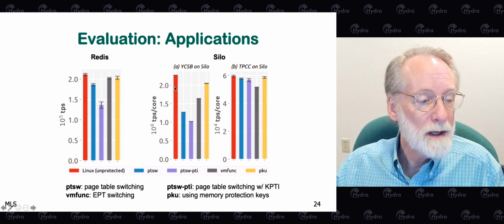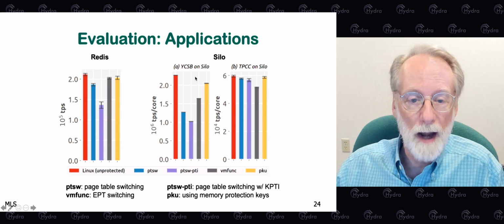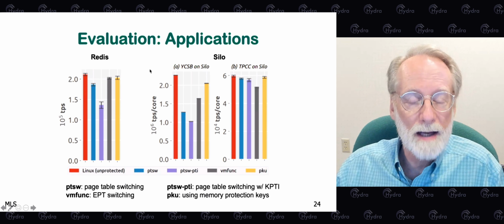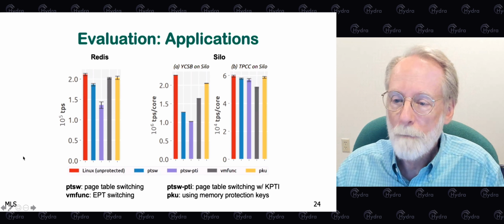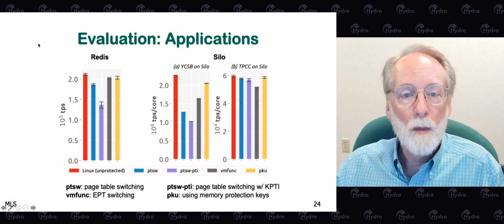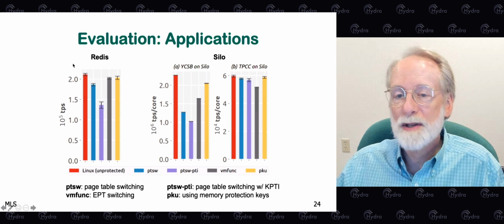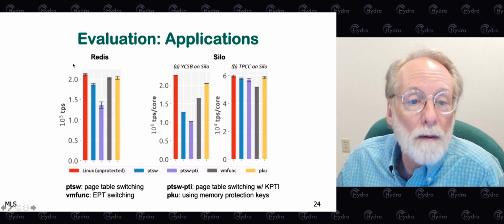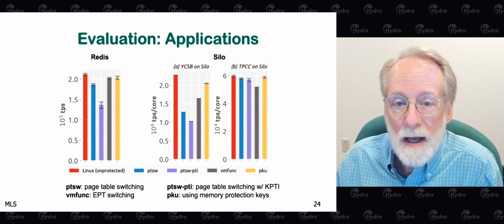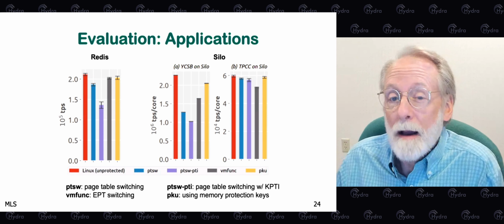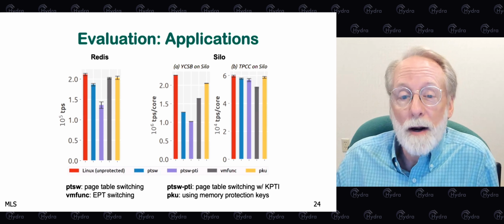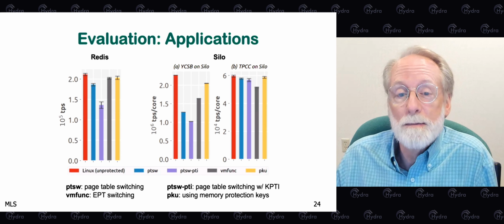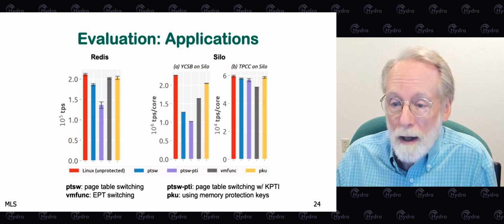With Silo, the differences are even more pronounced, where we're doing shared memory access rather than network I/O. On YCSB, Silo reaches more than 2 million transactions per second per core, well over that in the unprotected case, which is really a very high I/O rate. If you think about it, over 2 million transactions per second per core.